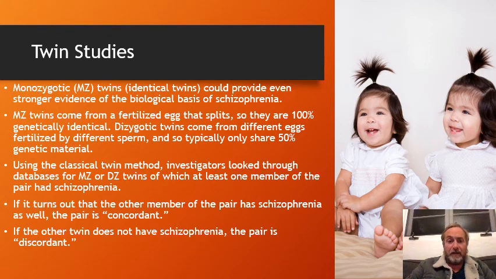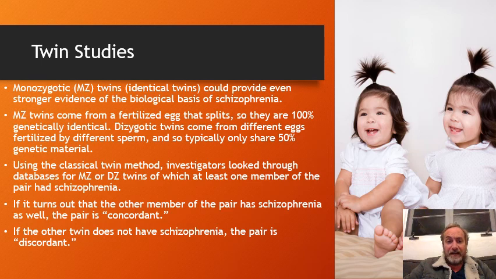So this is a classic method now, the twin method, and there have been a number of studies using this method. The researchers of the study we're going to be evaluating did a review of a number of studies. Here's how it would go down.